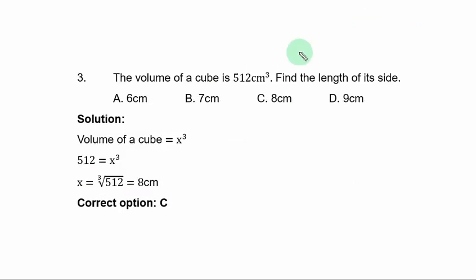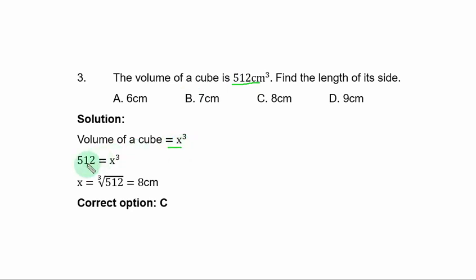Question 3. The volume of a cube is 512 cubic centimeters. Find the length of each side. If the side is to be s, volume of a cube is equal to s cubed.